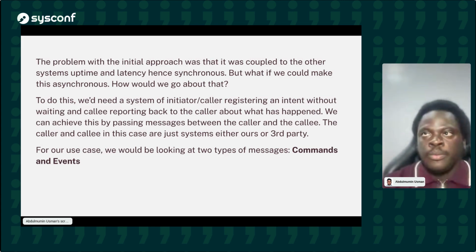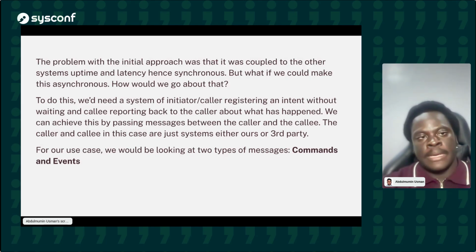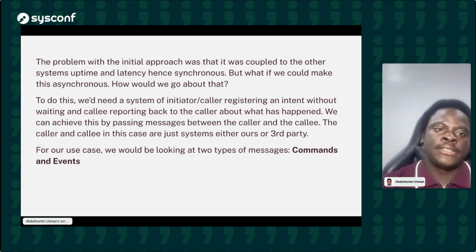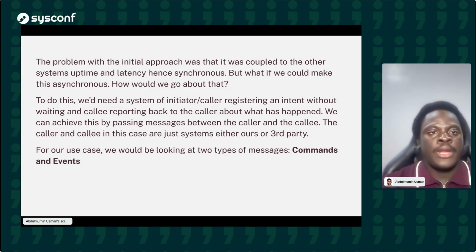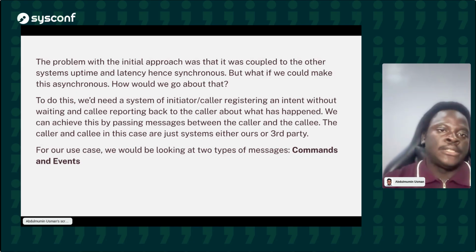One way we could go about it is just having a system of passing messages. So we have a system where an initiator or a caller registers an intent without waiting. It just registers the intent and bounces.